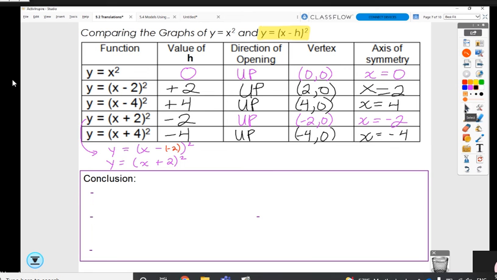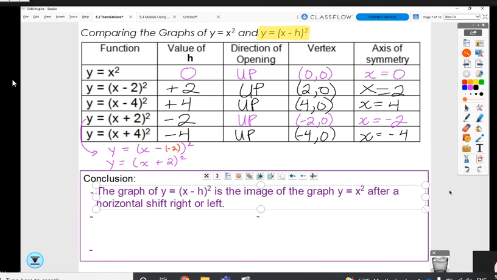Now, to conclude this h value, h controls the horizontal shift. And just like vertical shift, horizontal shift is the terminology we want to use. It can either go right or it can go left, because those are the horizontal movements.